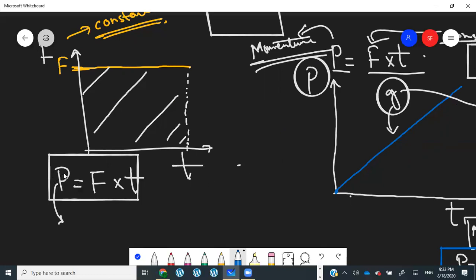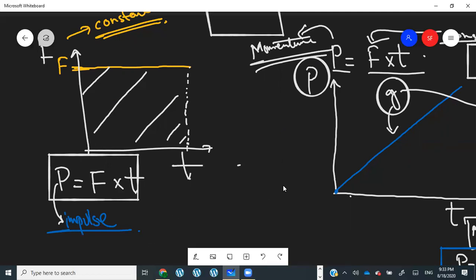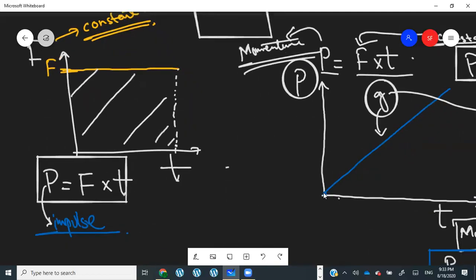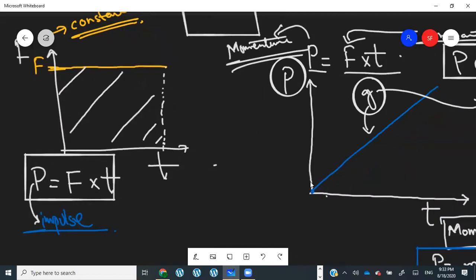But now this momentum, which is force into time, has a special name and it's called impulse. Note this as well. So this is how you calculate the impulse. Impulse, by the way, is actually change in momentum.